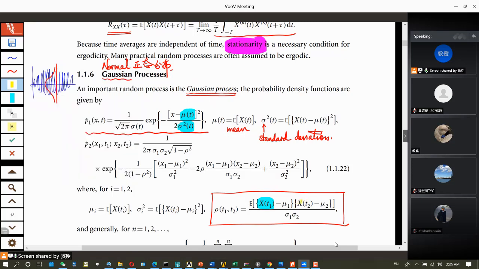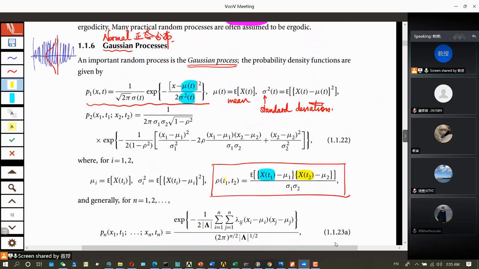and x(t2). Okay, so that's related to the correlation function, and this rho is the coefficient of correlation. Okay, so it depends on the time.